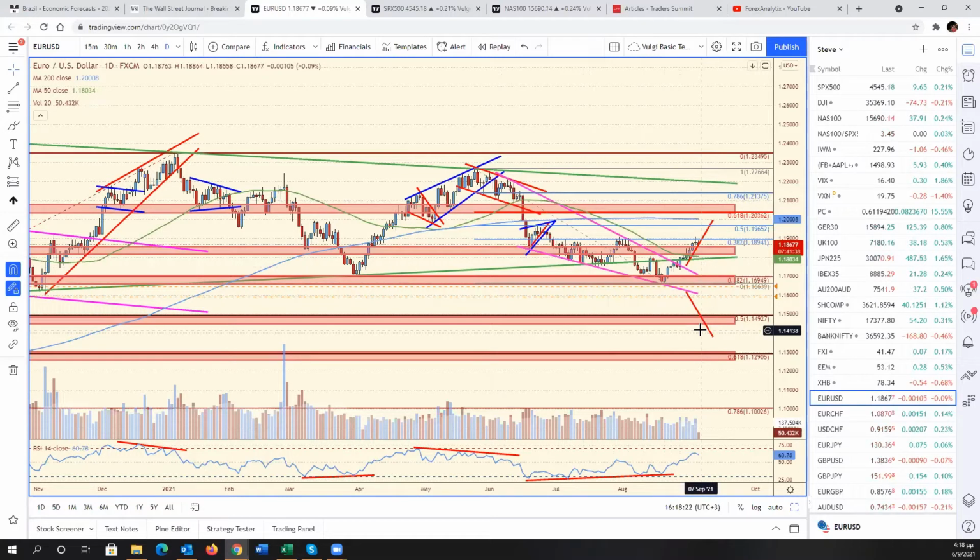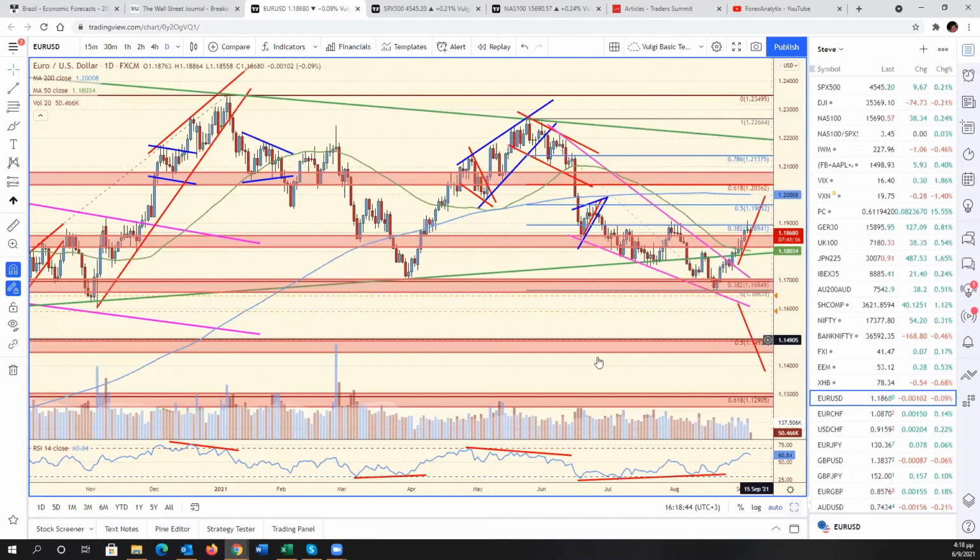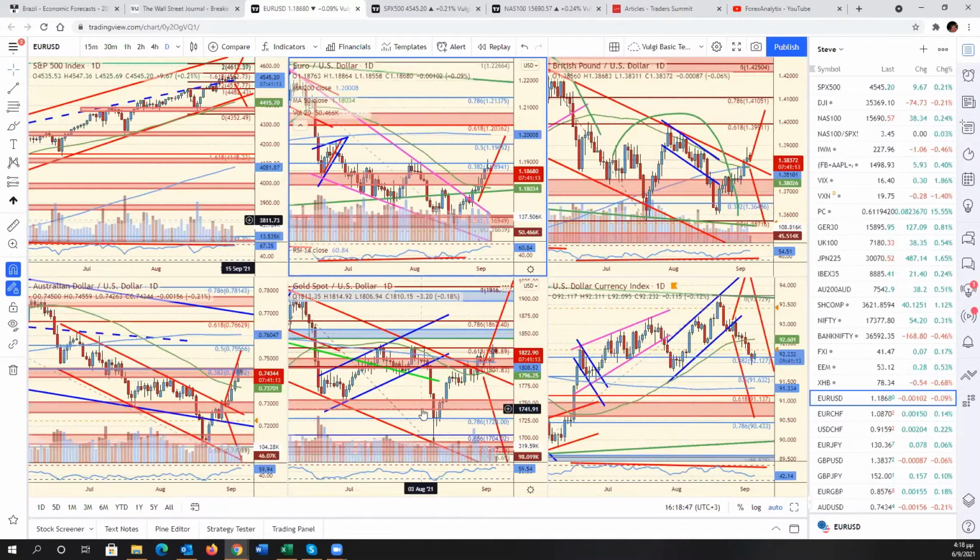Not impossible, but in my opinion, as I said, the highest probability is that we're temporarily stalling here before we push even higher, with the 200 daily moving average at the nice psychological rounded level of 120 being the next interesting upside target, if you want my opinion about it. So this is definitely one thing that is on my radar.